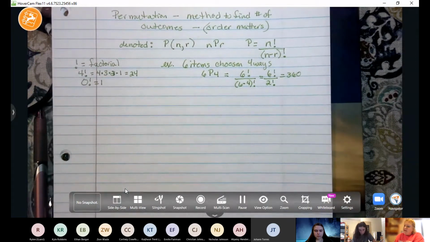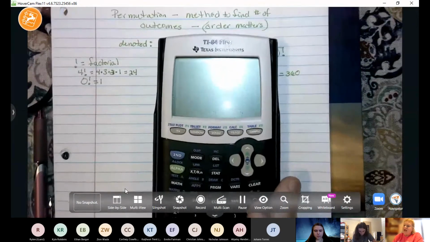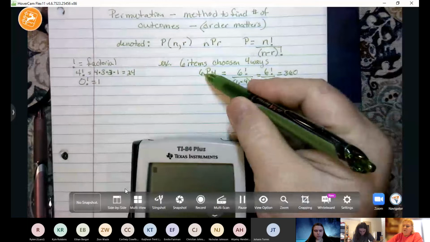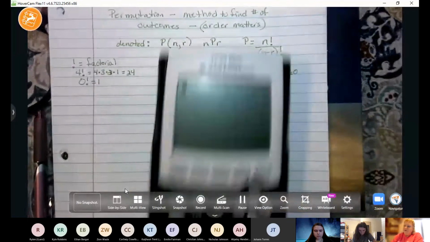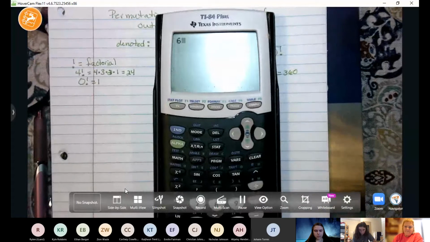Now, if you have your calculators, you have to type the first number first. So we're going to type the 6 first. Even if you have a TI-30 calculator, you still have to type that 6 first before you press the key.